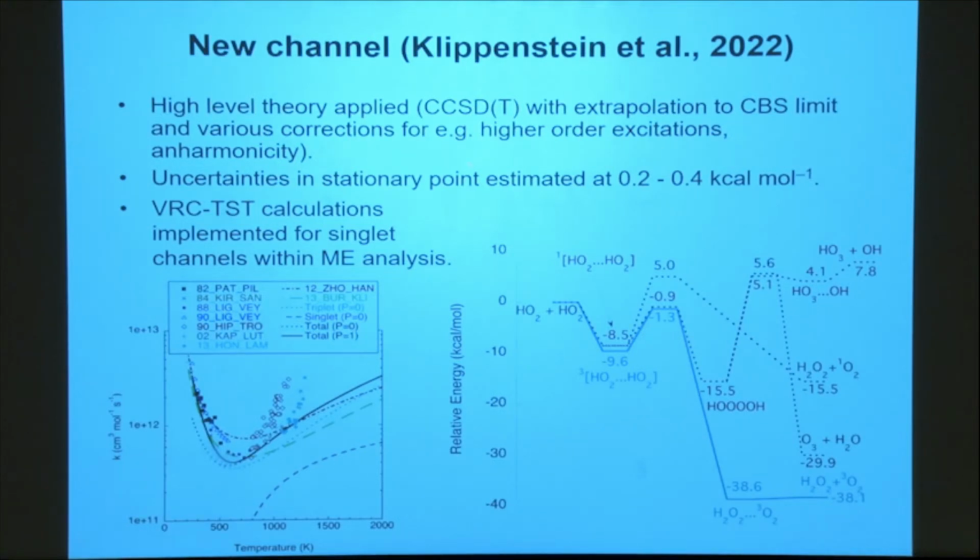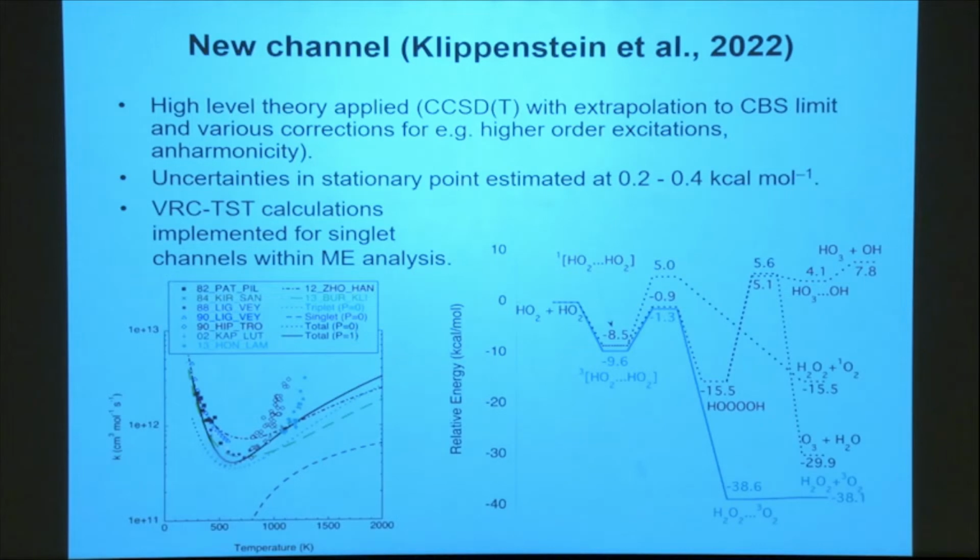They've then coupled that with variable reaction coordinate transition state calculations. So this is a relatively high level of theory based on this particular potential energy diagram. And the total rate here from the theory calculations is the black line here.